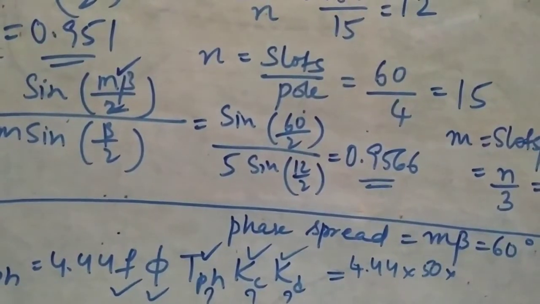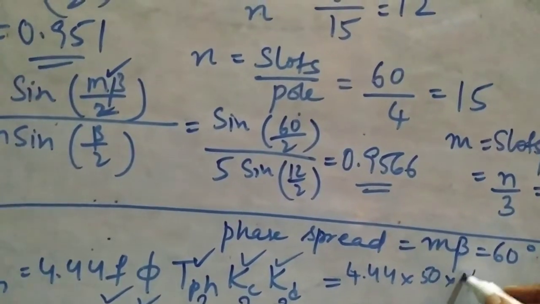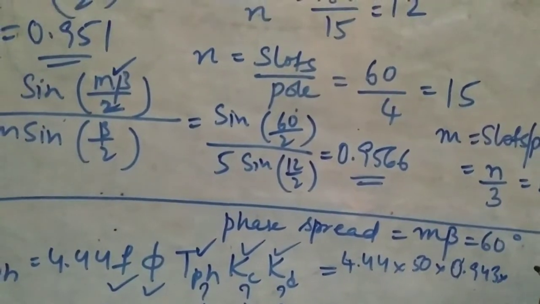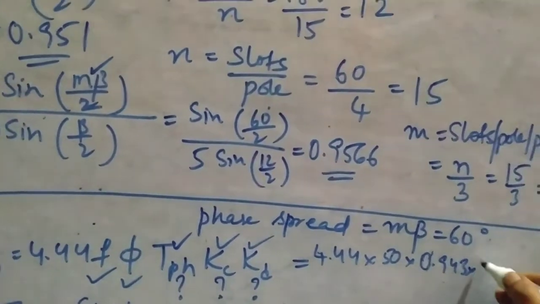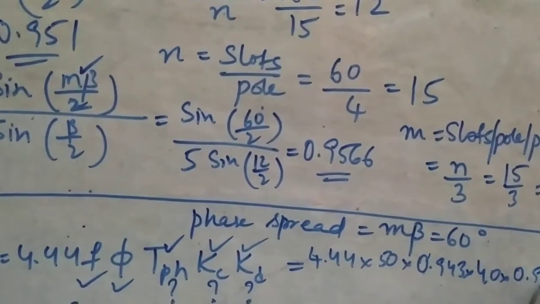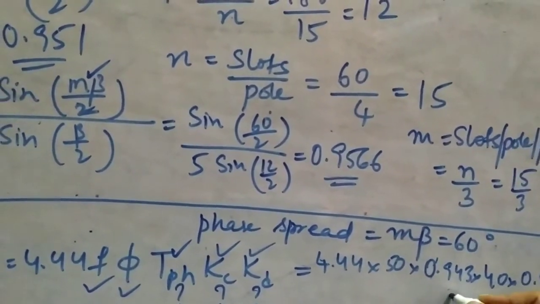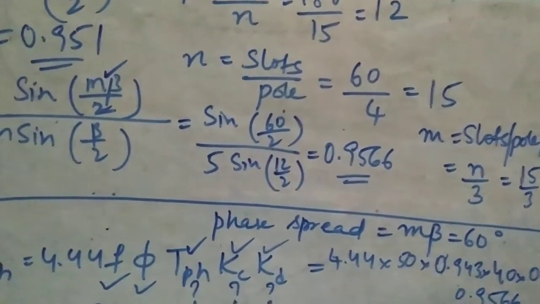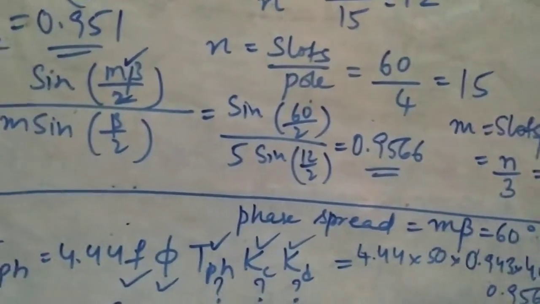They had given 0.943. And turns per phase, that is 40, multiplied by the Kc 0.951, multiplied by Kd 0.9566. Okay. So here we get the answer.